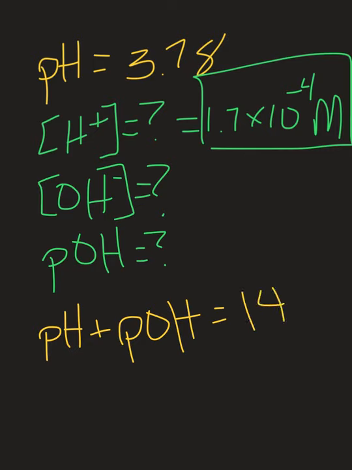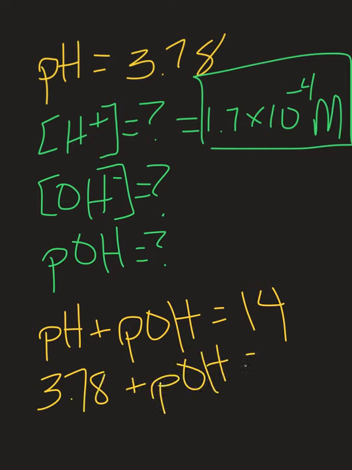They equal 14. So if I know what pH is, the problem gives that to us. What do I need to do to get pOH? All I have to do is subtract from 14. So 14 minus 3.78, that will give me 10.22.